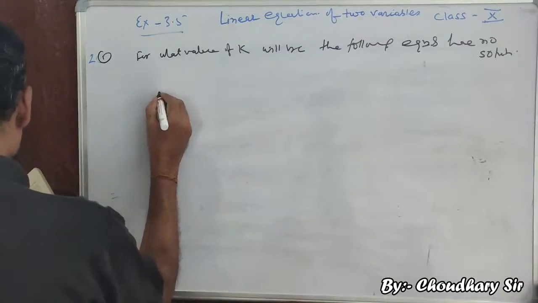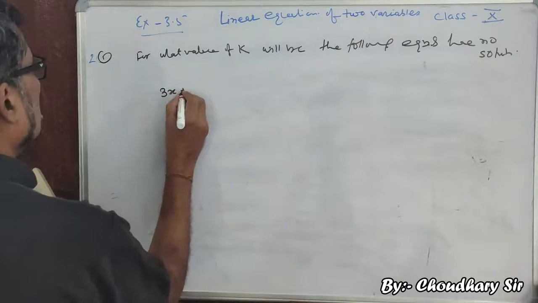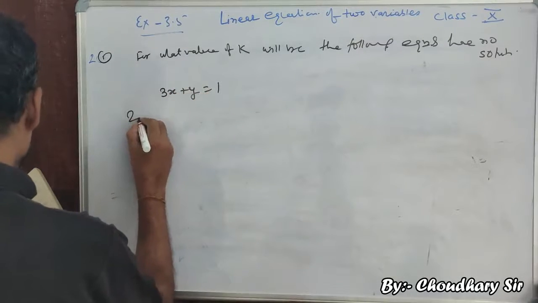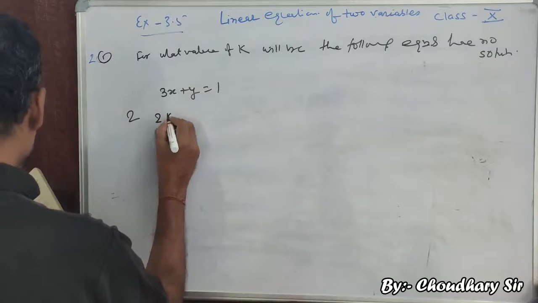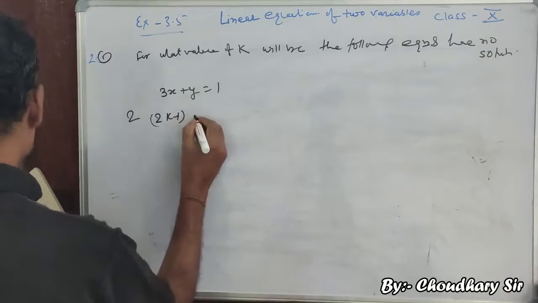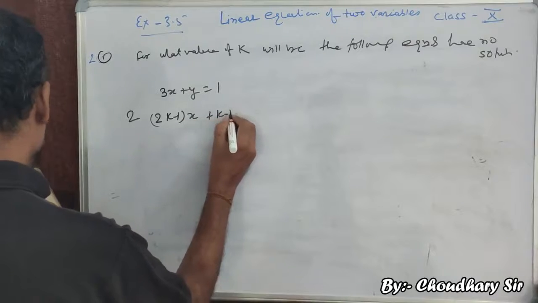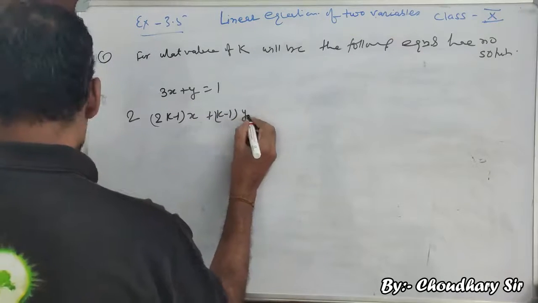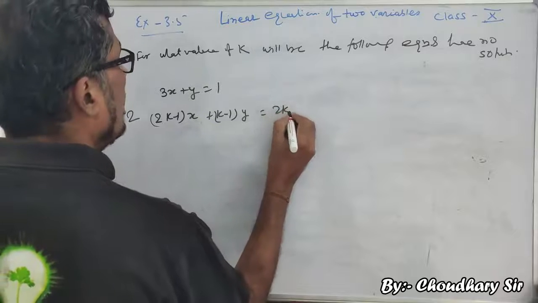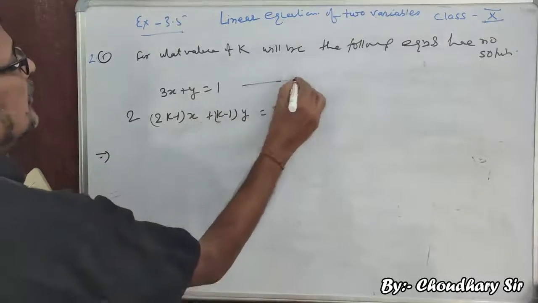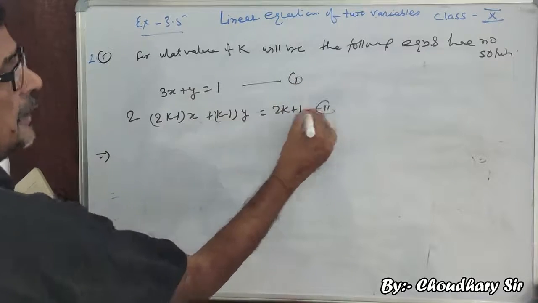The equations are 3x plus y equals 1 and (2k minus 1)x plus (k minus 1)y equals 2k plus 1. Write in standard form. This is your first equation, this is your second equation.